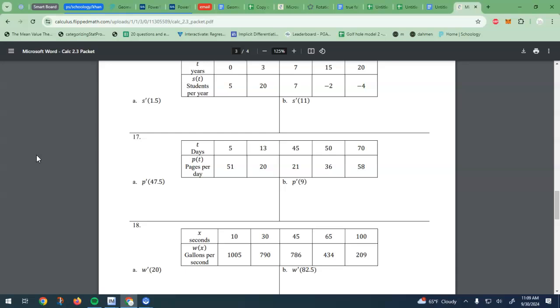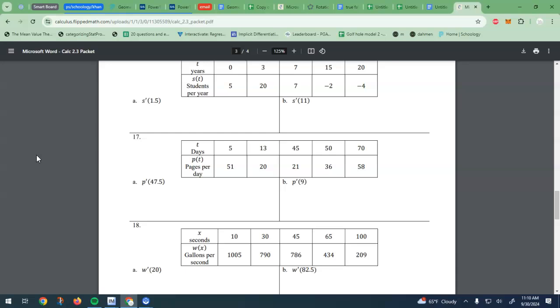So 15 over 5. And if you're feeling arrogant, you could do 15 divided by 5 and get 3.